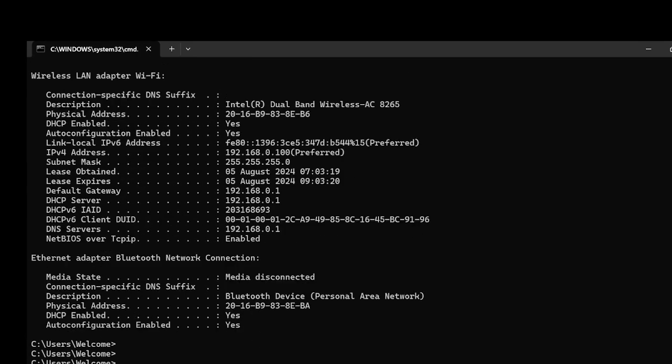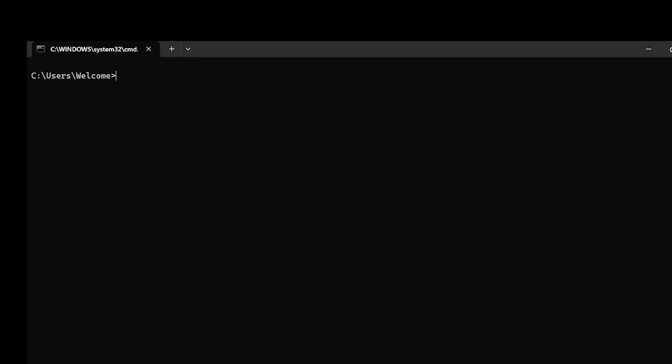Do you all know Google, right? If I want to see the Google domain's IP address, how can I see it? Or any domain, be it Facebook, Google, LinkedIn, Amazon. There are multiple commands.